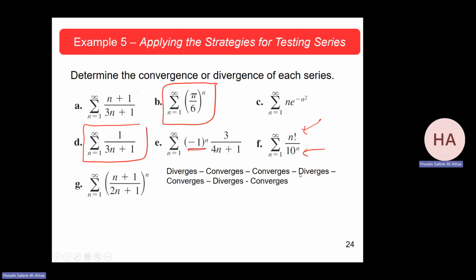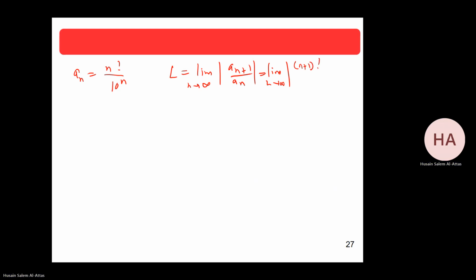What will come to my mind? Just the ratio test. So I have a_n is n factorial over 10 to the power n. I need to check L, the limit as n goes to infinity of a_(n+1) over a_n. That will be the limit as n goes to infinity of (n+1) factorial over 10 to the power n+1 times 10 to the power n over n factorial.